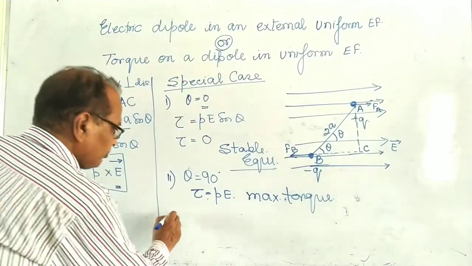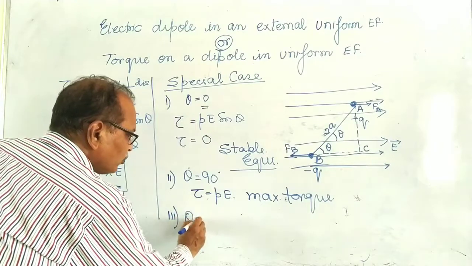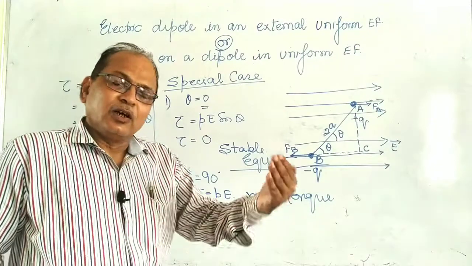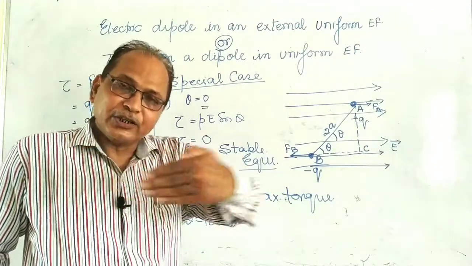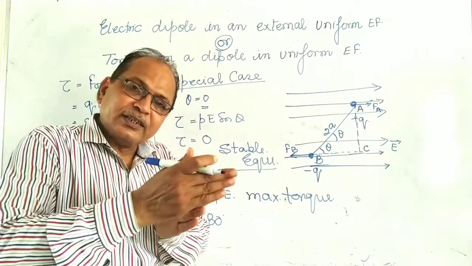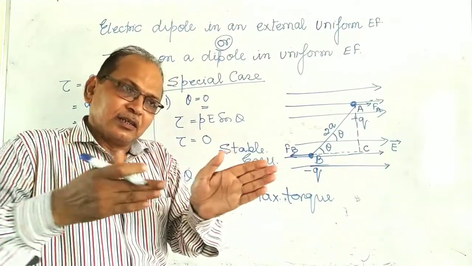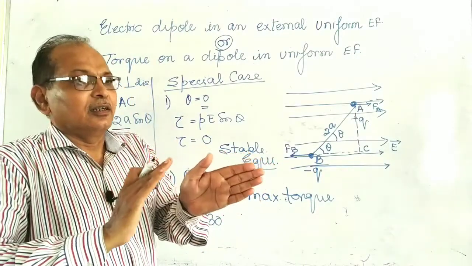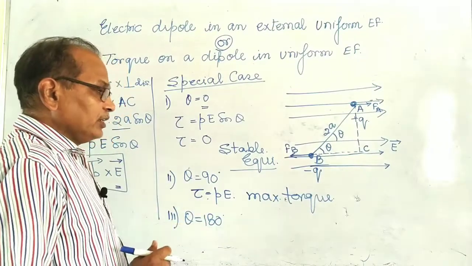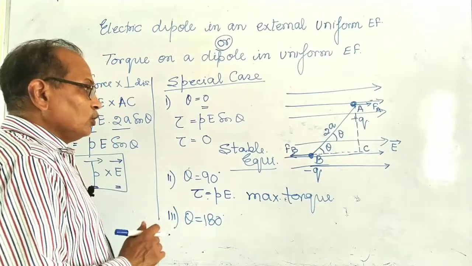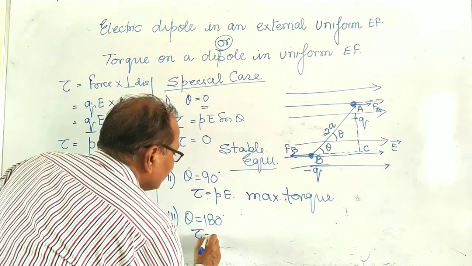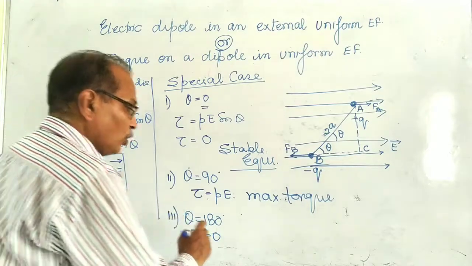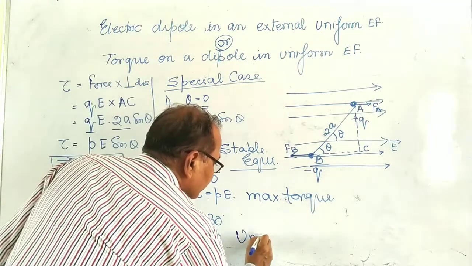Third condition, if theta is equal to 180 degrees, it means the dipole is in the opposite direction to the electric field lines, at a 180 degree angle. If theta is 180 degrees, then also what happens? Torque will be 0, and this condition is called unstable equilibrium.